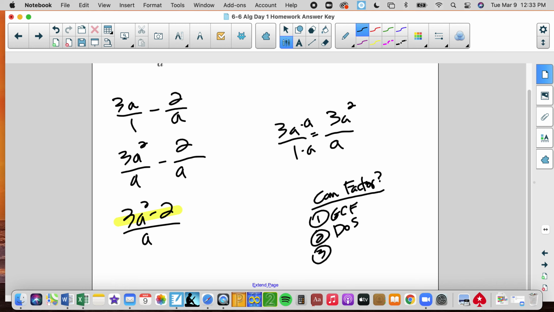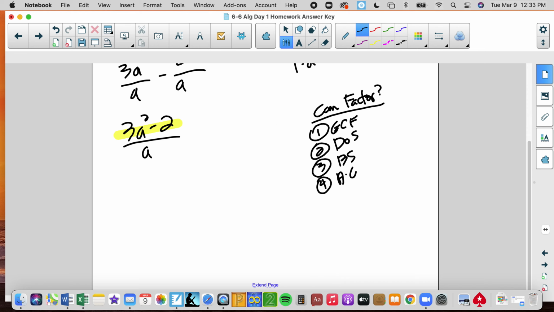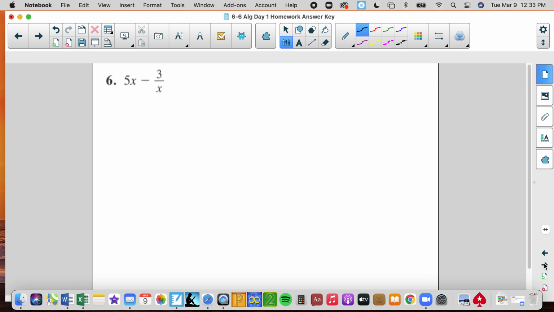No. Binomial squares we don't have to check because they are 3 terms and this is only 2. A times C, no, because this is only 2 terms, and factor by grouping is 4 terms, so we don't. So this cannot be factored, so this is going to end up being my final answer. So we're always going to check for those 5 factorable things with our numerators and denominators.